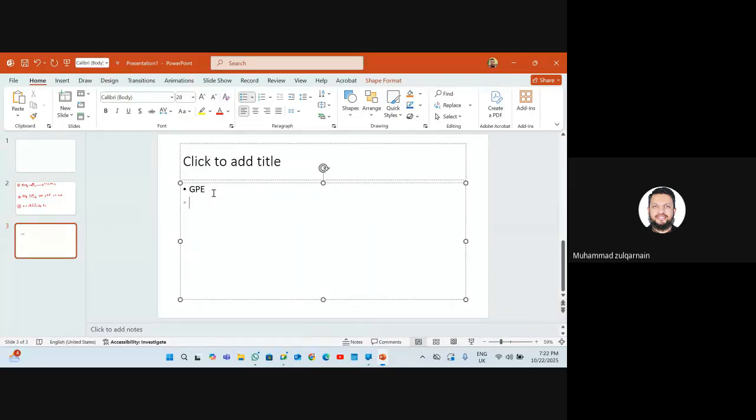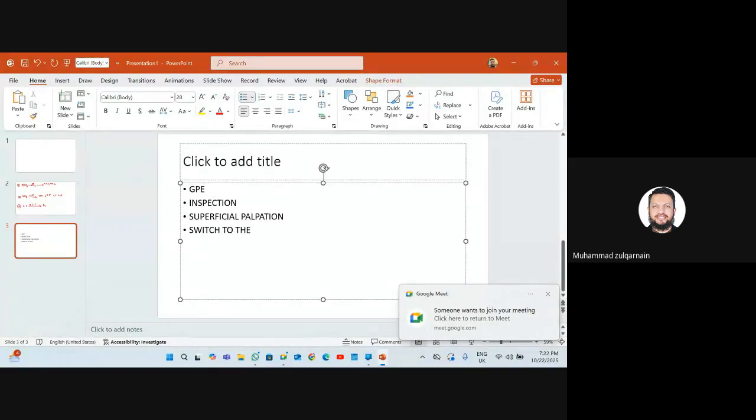After the GPE is performed, you will go with the inspection of the abdomen after exposure, obviously. Then after that, you will perform superficial palpation. If the patient is feeling severe tenderness, you will switch to the CCRISP. In the CCRISP, you will do A for airway, and you will attach obviously high flow oxygen.